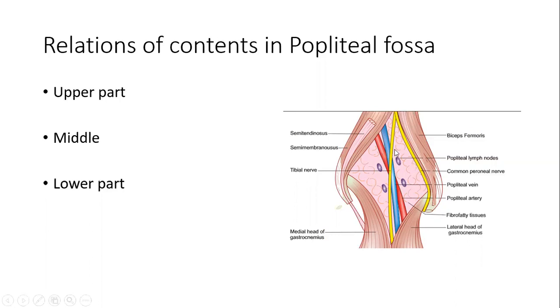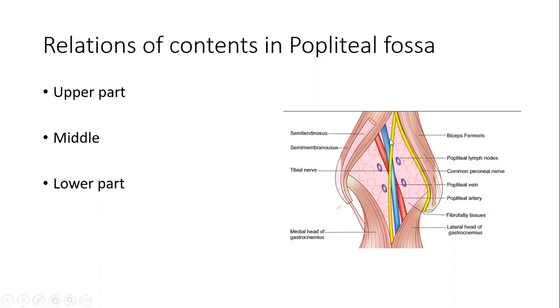So usually the relation of these three structures, that is the division of the sciatic nerve and the popliteal vessels, is very important and commonly asked in the questions. So let's see. In the upper part, you can see that sciatic nerve is shown to be dividing into tibial nerve and common peroneal. Tibial nerve in the upper part lies lateral to popliteal vessels.